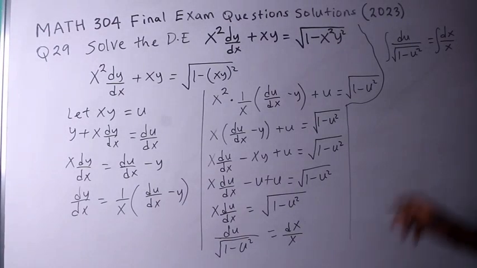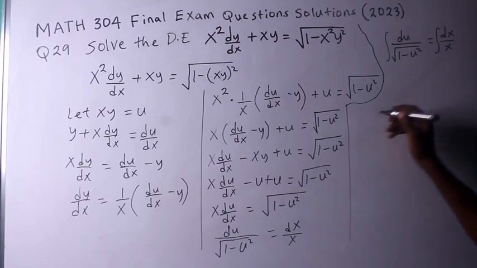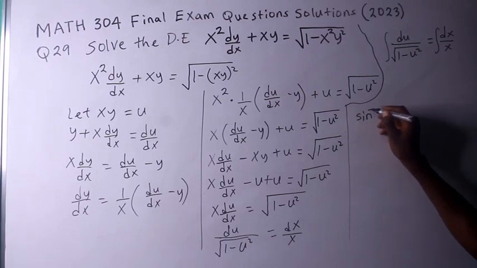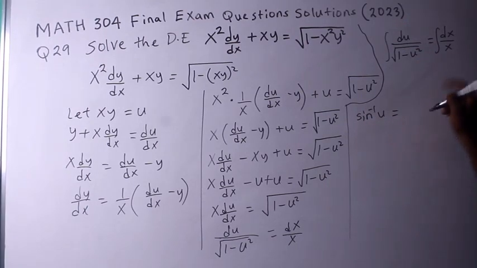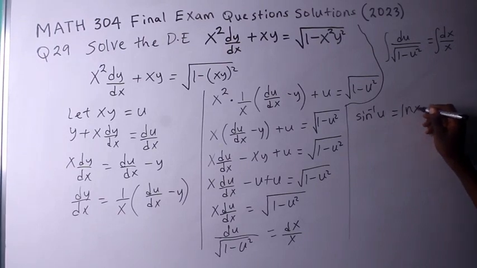Now if I integrate this, I'm going to have sine inverse of u, because when you differentiate sine inverse of u, you have this. So this integral is sine inverse of u equals, this integral is ln of x plus some constant c.